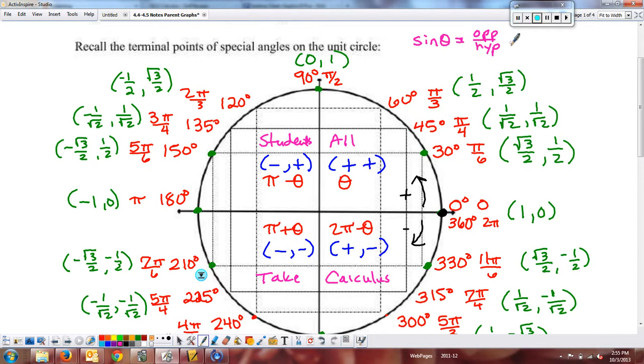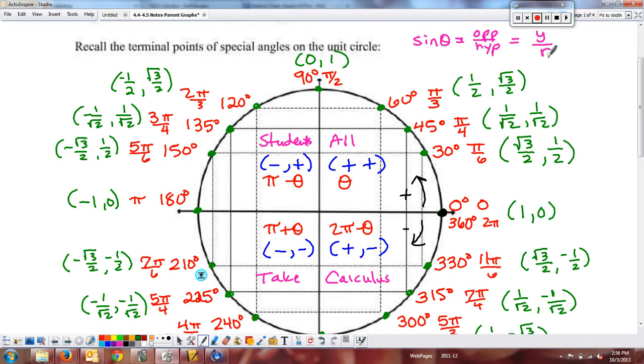And then we went into our terminal point world, where it's going to be the y coordinate over the hypotenuse, which is the radius of the circle. Now, if I'm looking at every terminal point going around this unit circle, or actually any circle in general, and we're thinking of this as our trig ratio for sine, which again is the y coordinate going around, what do we definitely know about the relationship of the hypotenuse to the opposite side, or the radius to the magnitude of y?